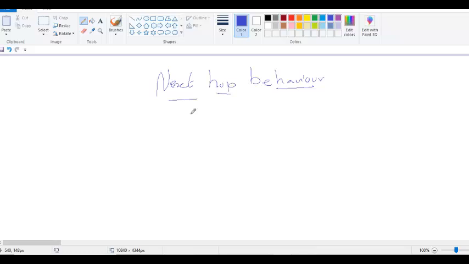The next hop address advertised by an EBGP neighbor will be carried into IBGP. You have to understand this very well. There are some problems you may face because of this behavior. Let's discuss that first.